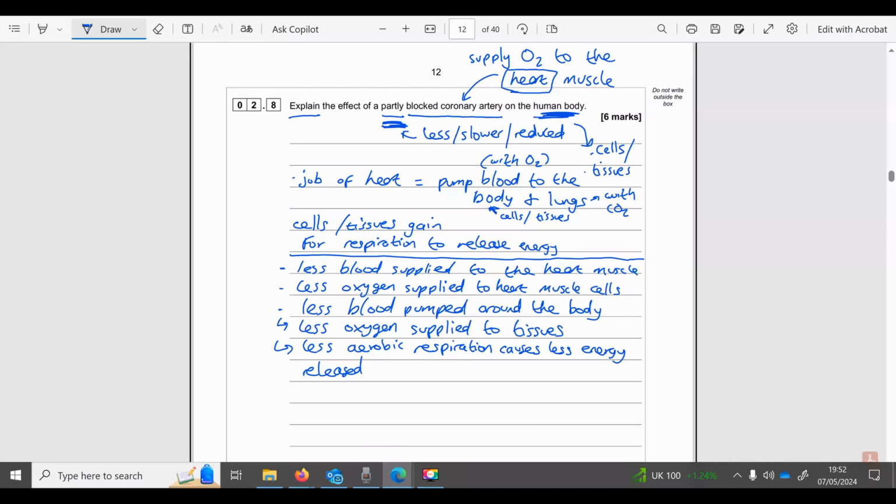Remember, if there is less aerobic respiration, that should mean automatically there'll be more anaerobic respiration. And one of the main differences between aerobic and anaerobic respiration is the amount of energy that's transferred. There'll always be less energy transferred in anaerobic respiration compared to aerobic respiration.